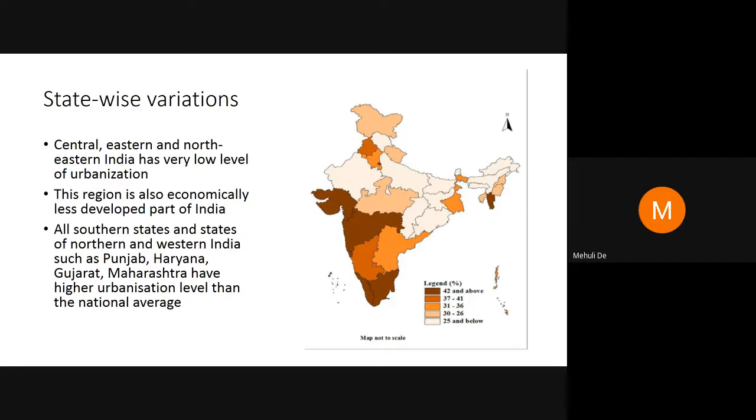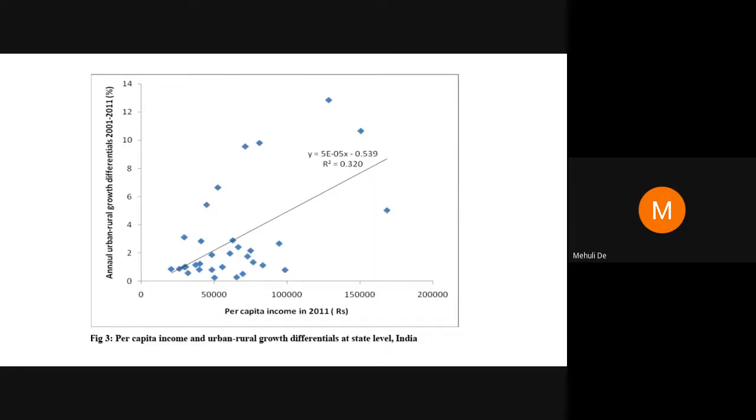As we have seen and as I've told you before, a main factor explaining urbanization is per capita income. So if a state has grown economically at a fast rate, urbanization will also be high.